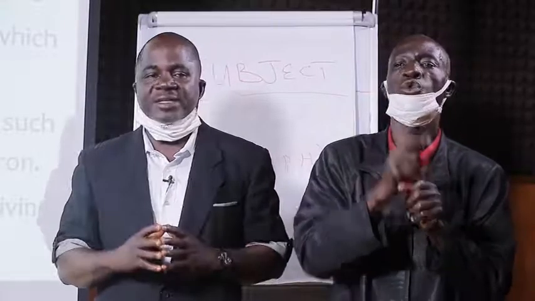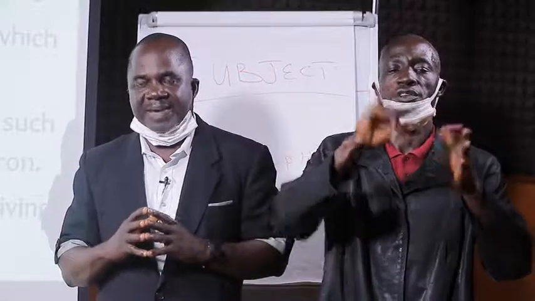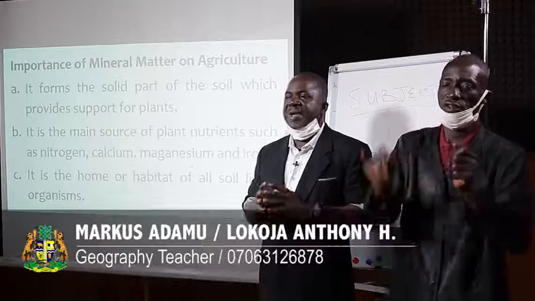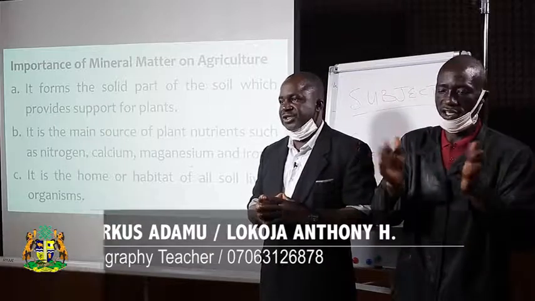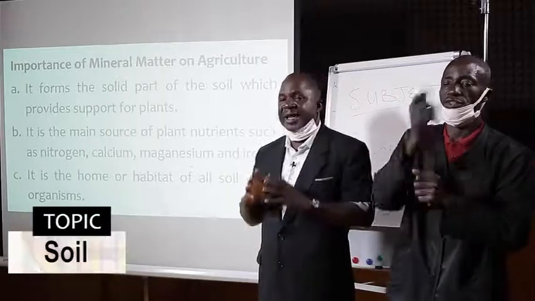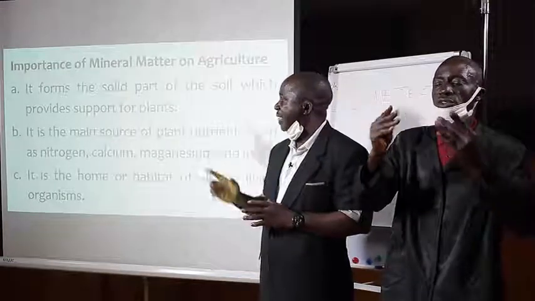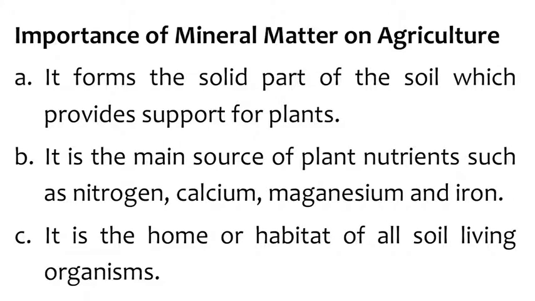What are the importance of this inorganic matter on agriculture? The following are the major areas through which inorganic minerals matters are important to soil. 1, or A, it forms the solid part of the soil which provide support for plants.